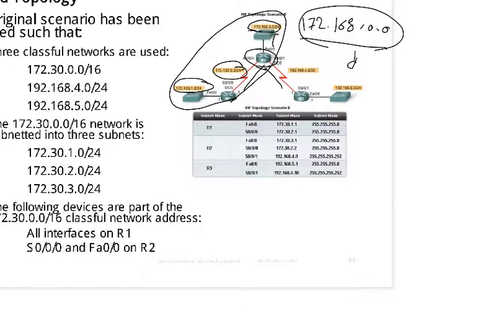So router 2 will send a route update to router 3 to tell it that if you want to go to any destination network in this region, you can use 172.168.0.0 and you can send it through this interface.